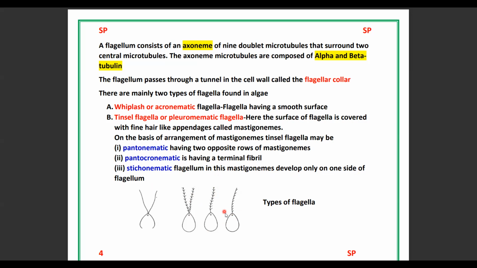See in this diagram, the mastigonemes arise only on one side of the flagellum. So these are the three types of tinsel or pleuronematic flagella: pantonematic, pantacronematic, and stichonematic.